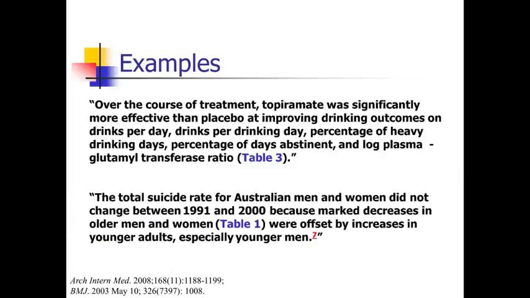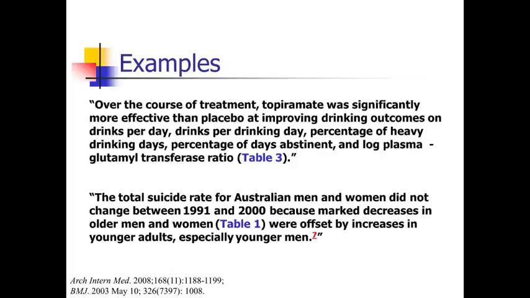Here's another example. This one says the total suicide rate for Australian men and women did not change between 1991 and 2000 because marked decreases in older men and women were offset by increases in younger adults, especially younger men. You can imagine that what's in that table is just a list of the suicide rates from 1991 to 2000, maybe broken down overall and by gender and age.